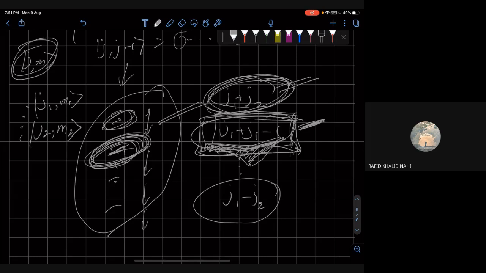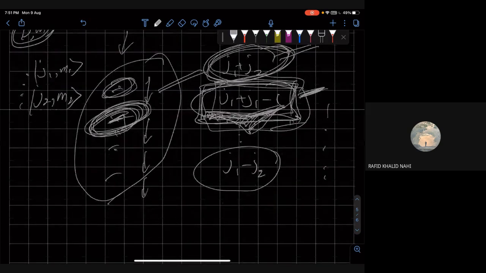If there was a plus sign here, you take a minus sign here. Once you've found this, you again apply your lowering operator, and you do this until you reach J1 minus J2. And in this case, how many multiplets do you think you will get?